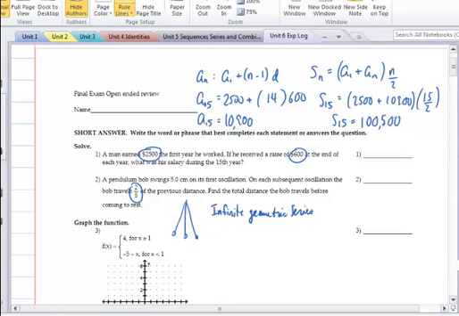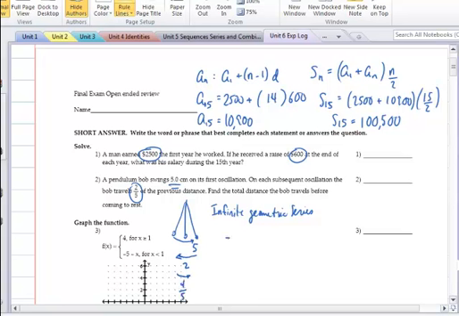What's going to happen is on the first swing, it swings 5 on its first oscillation. So it's going to go this way 5, and then it's going to go back 2/5. So 2/5 of 5 would be 2. And then it's going to go back 2/5 of 2, which would be 4/5, and so on.